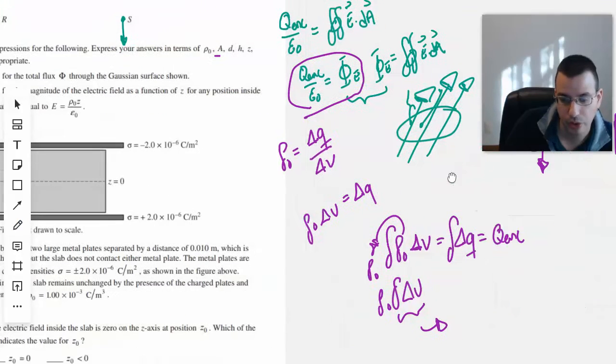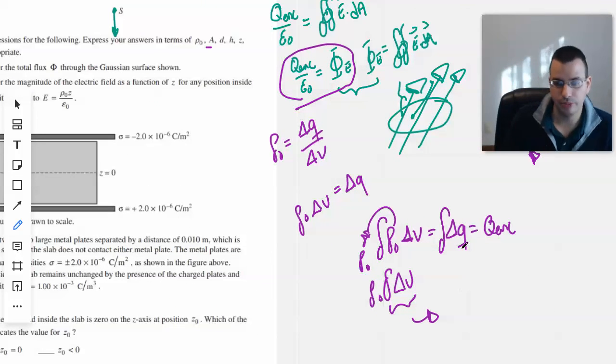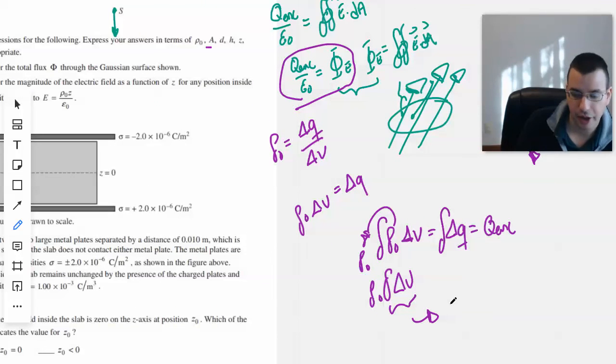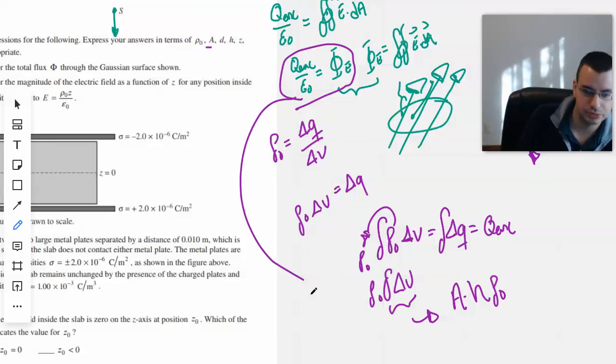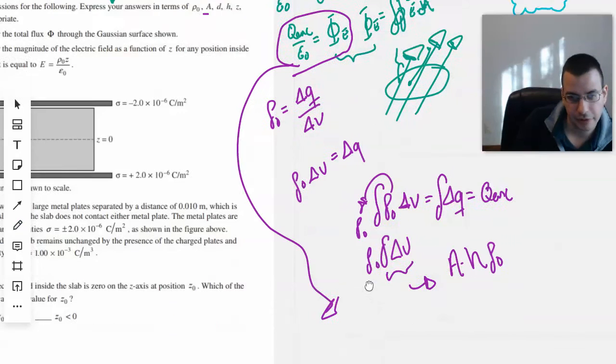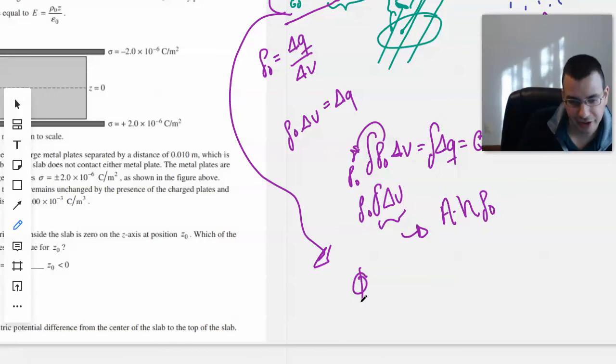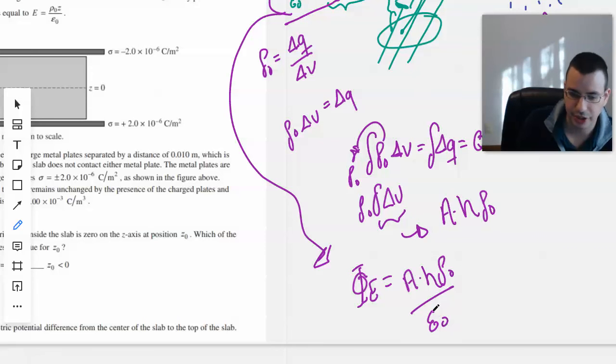So the volume will be A times h, and then we'll throw in rho naught. So the electric flux equals the cross-sectional area they give us, times the height, times rho naught over epsilon naught.